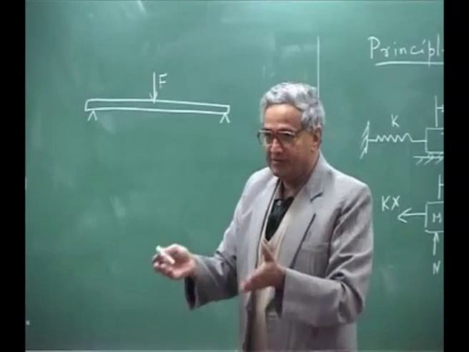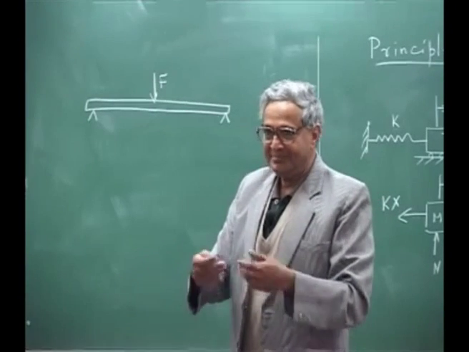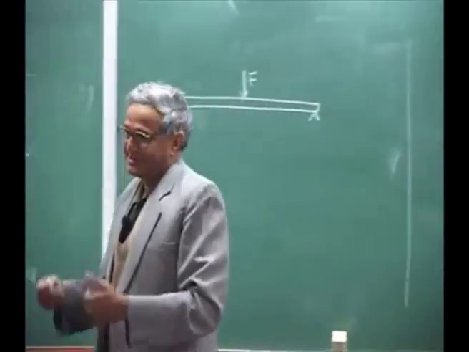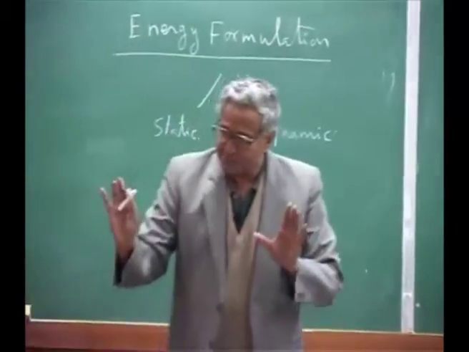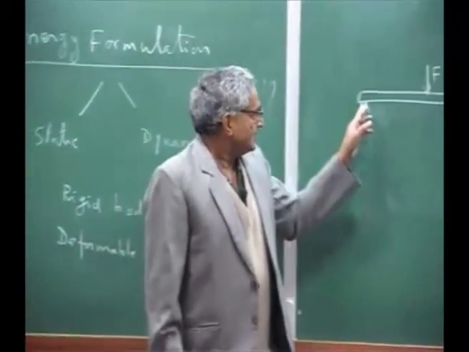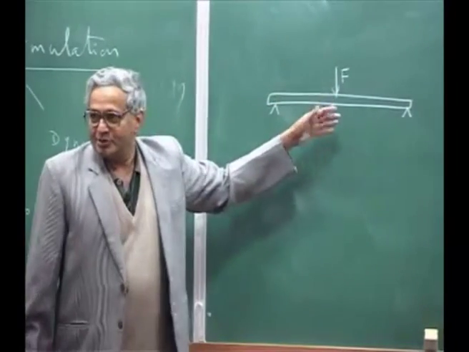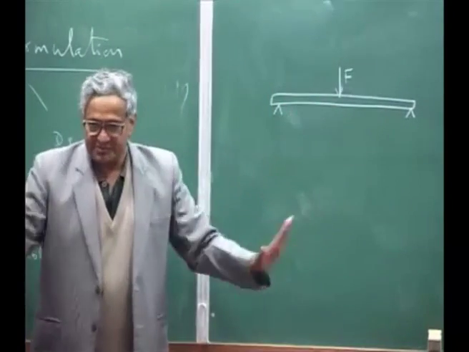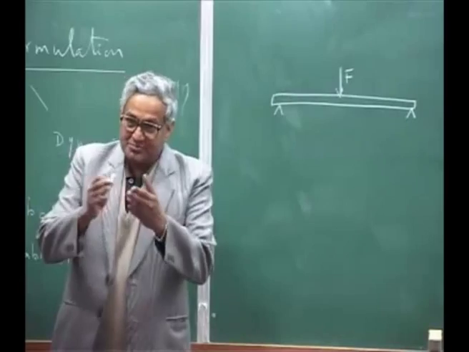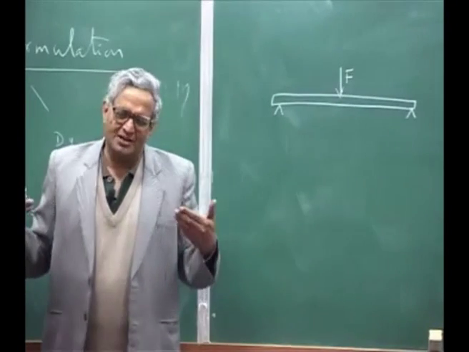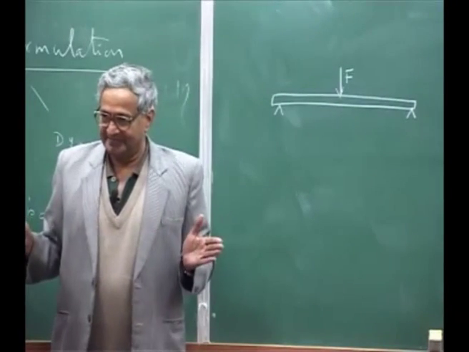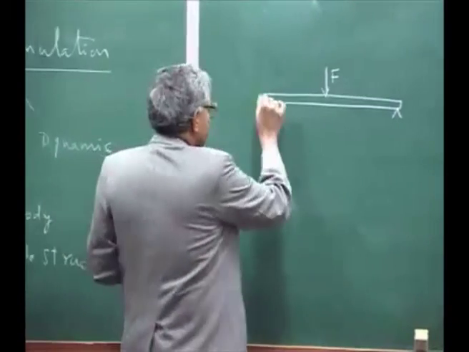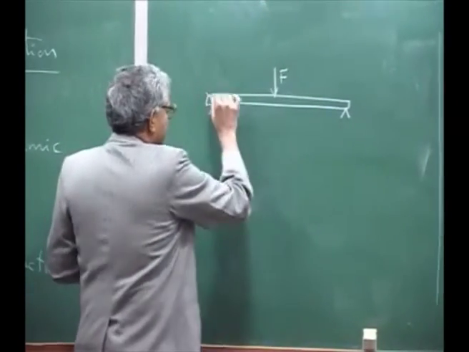Now how it deforms, that is what we have to calculate. So essentially the principle goes like this. When you apply a load, the structure deforms to some shape, or you can call it some configuration. I will just draw it by a single line.